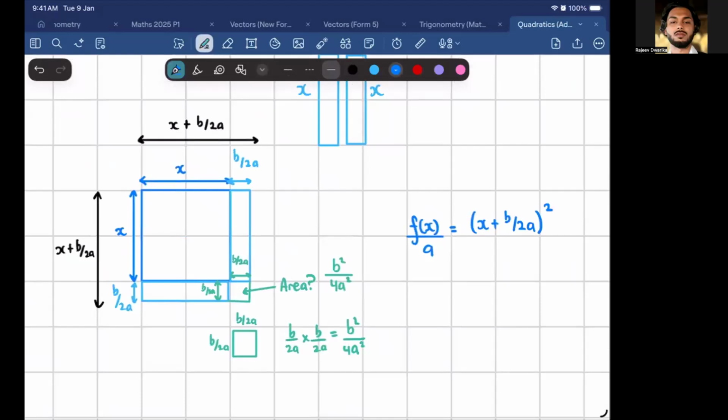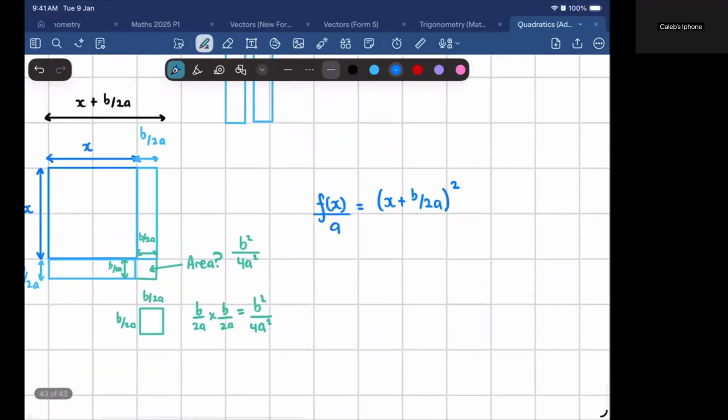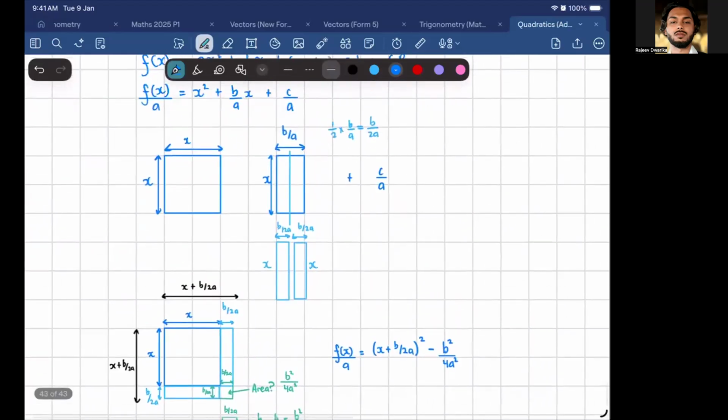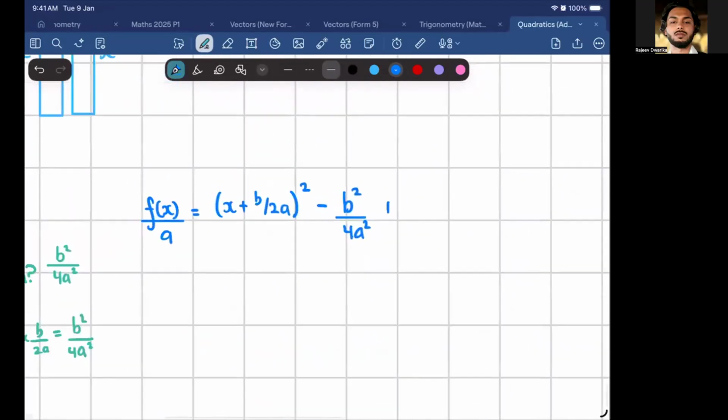Caleb, if you're missing something, do you think you should put positive or negative? Negative. Yeah, because you're missing it. You don't have it. So negative b squared all over 4a squared. But guys, I'm forgetting something. Only you can tell me what I'm forgetting. C over a. Yeah, we had to put back that c over a, right? Plus c over a.